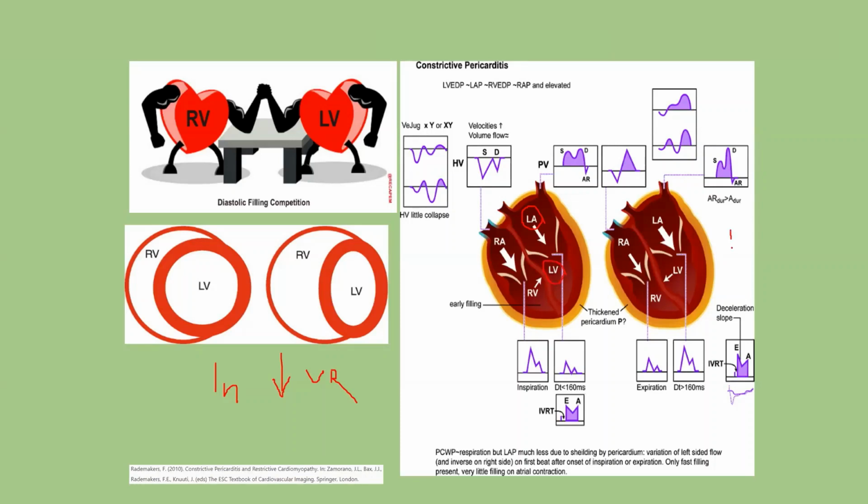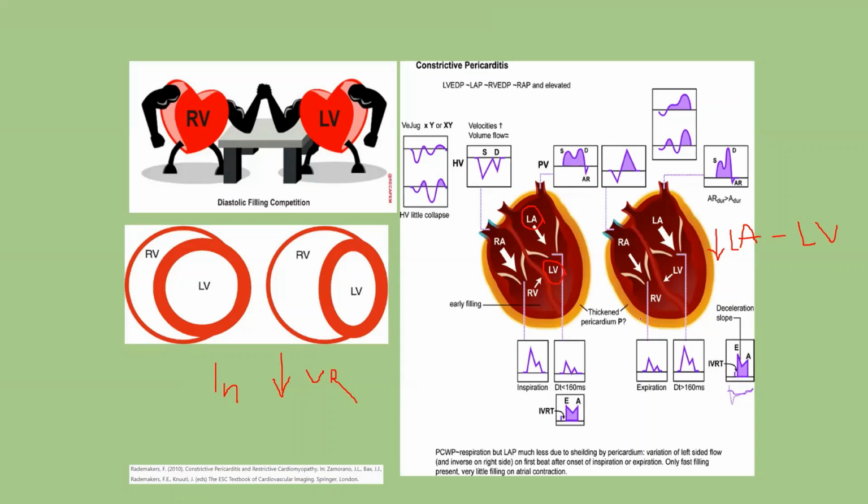Now, what determines the flow from the left atrium to the left ventricle? It is the LA minus the LV gradient, right? So the difference in pressure between the left atrium and the LV determines how much blood goes from LA to LV. Now, during inspiration, we said we have lesser venous return, so the LA pressure is a bit down.